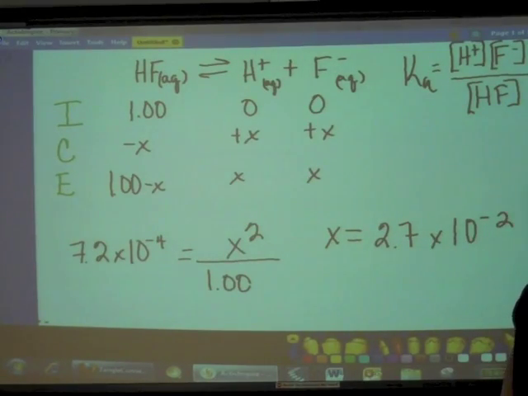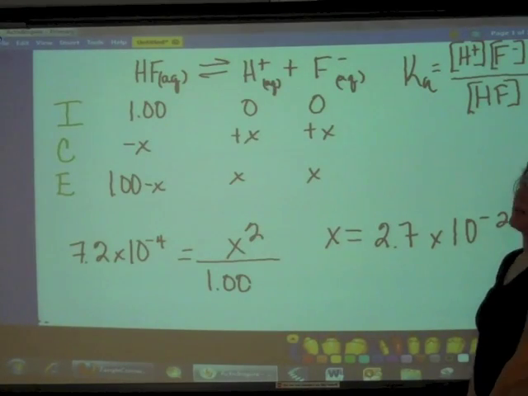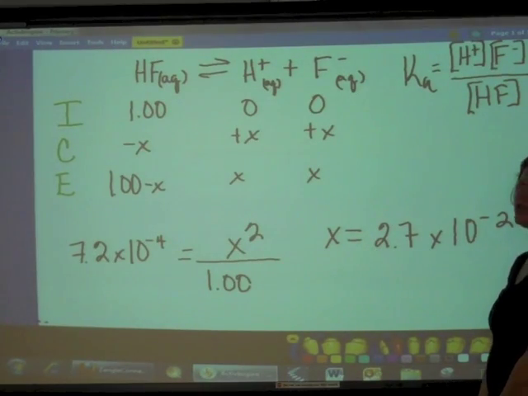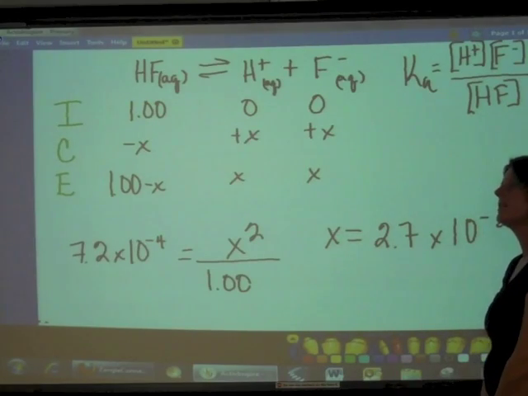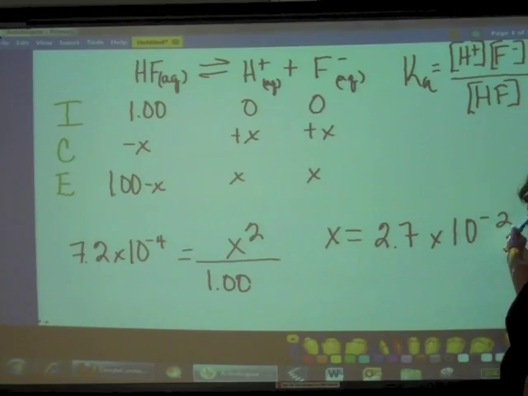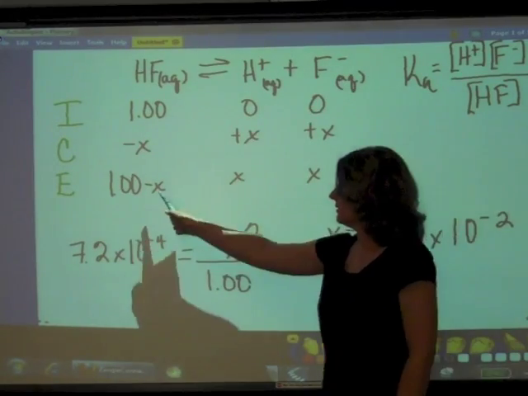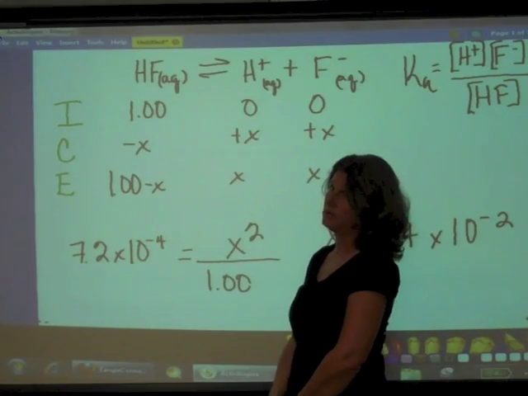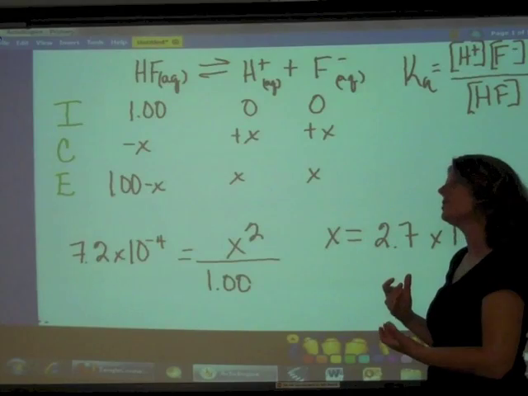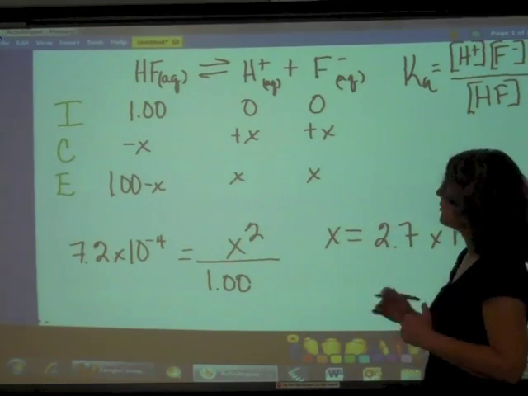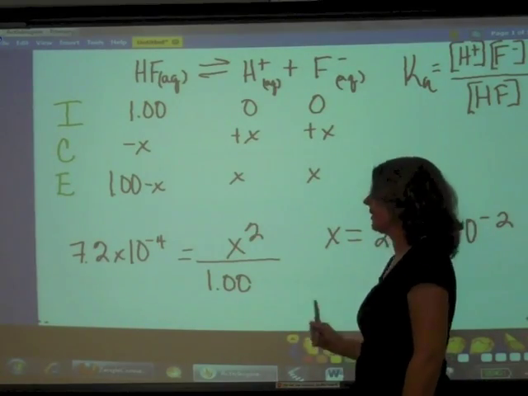We do that by using the 5% rule. We're going to check for percent dissociation, and that means how much of it has dissociated compared to the whole. And if the percent dissociation is 5% or less, we're okay to throw out the x.